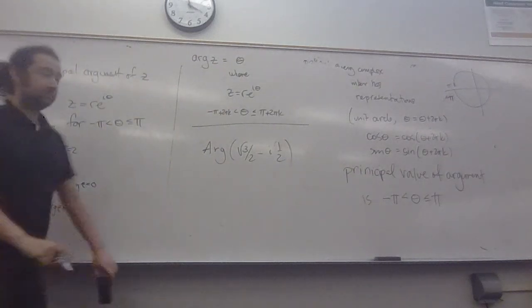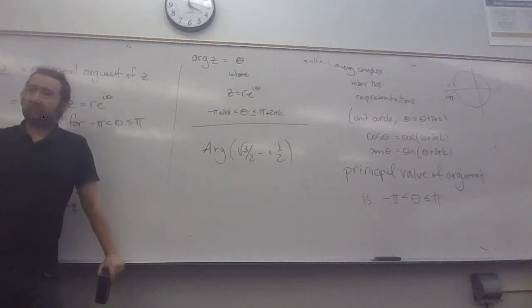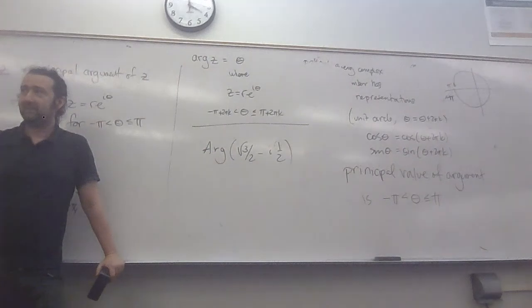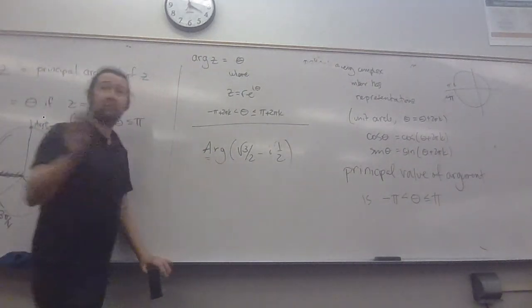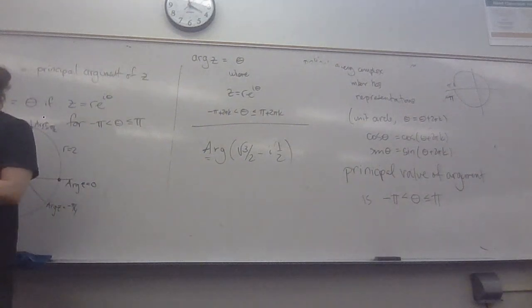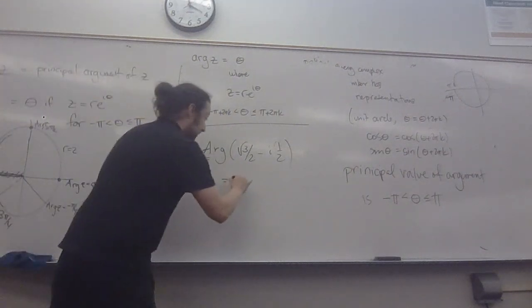Is it minus pi over 6 or is it 11 pi over 6? Why? Capital A means that we're strictly between minus pi and pi, which means that this must be minus pi over 6.